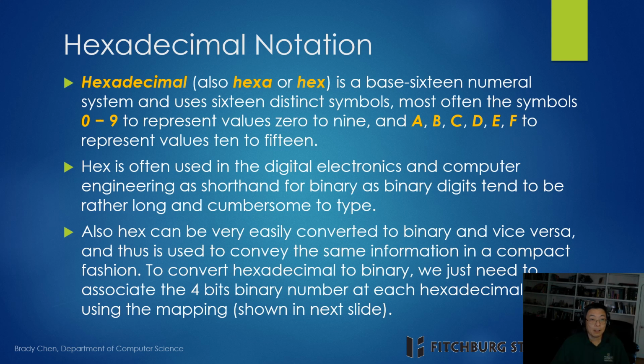Now, the hexadecimal system is often used in digital electronics and computer engineering as a shorthand for binary, because binary digits tend to be very long and cumbersome to type. With hexadecimal, we can dramatically shrink the size of the number.